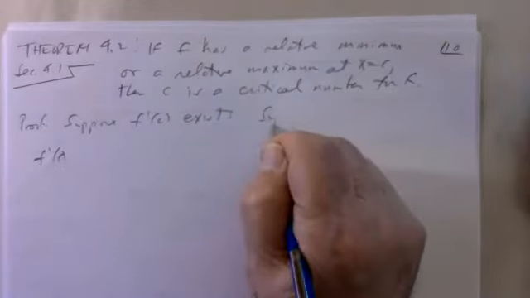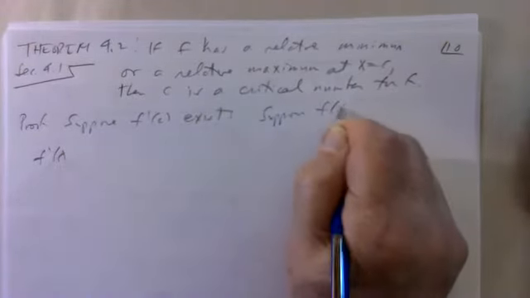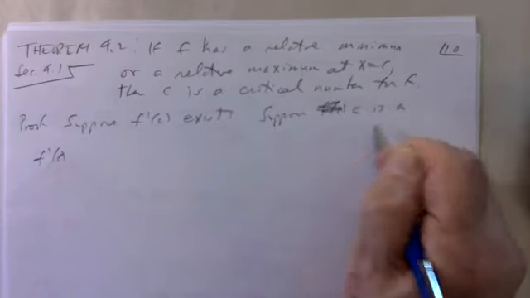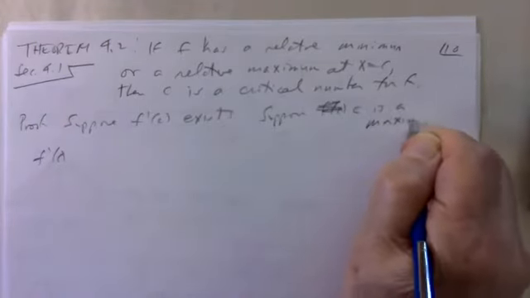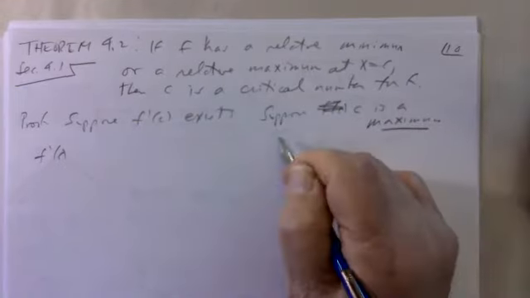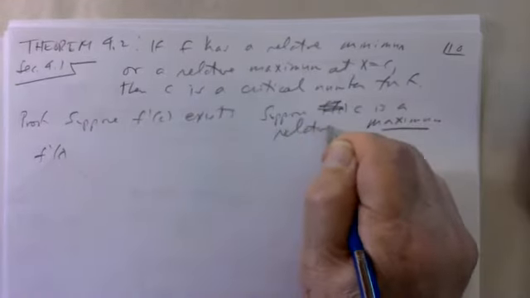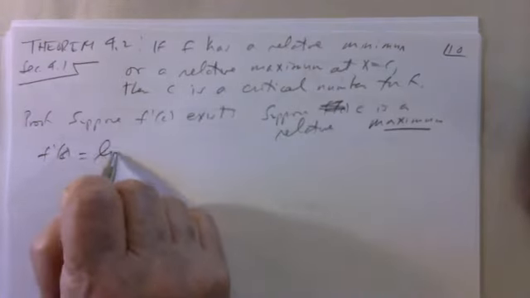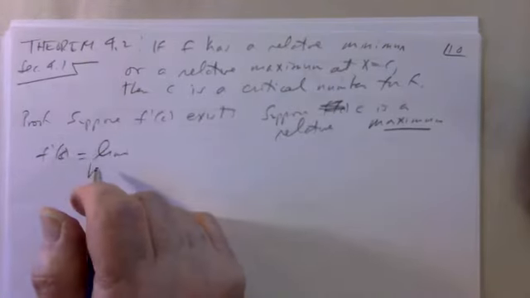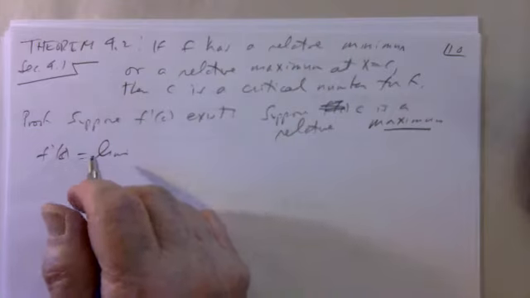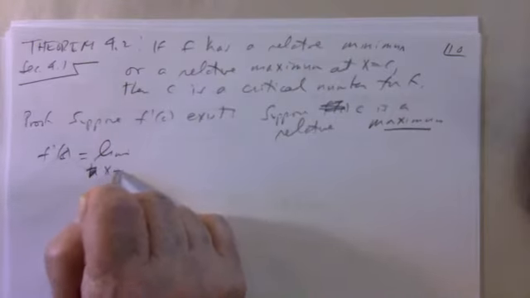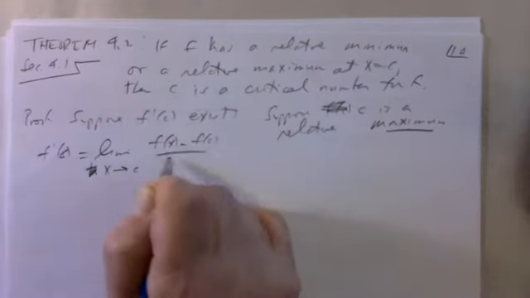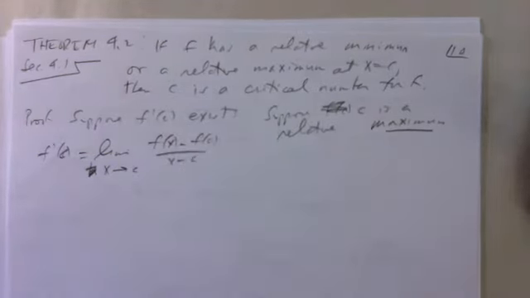Suppose f of c is a relative maximum. So what is the derivative at c? This is the limit as x goes to c of f of x minus f of c over x minus c.